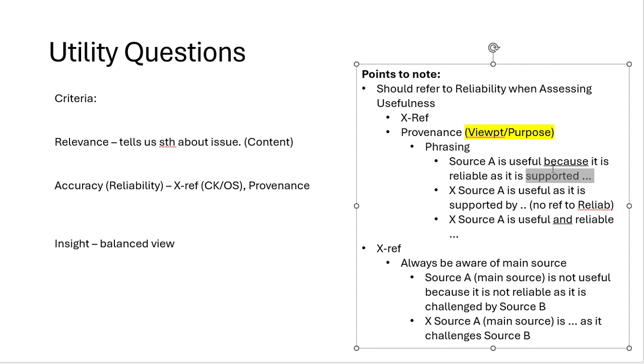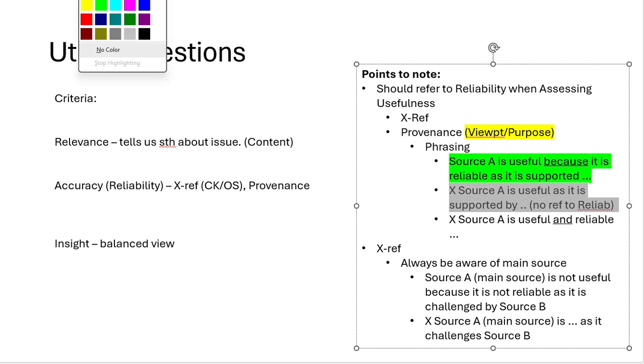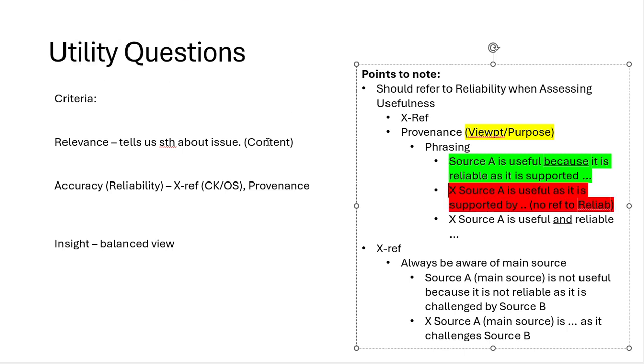This is how you should phrase your assertion when you cross-refer. If you phrase it like this, source A is useful as it is supported by, with no reference to reliability, so you skip the whole part about because it is reliable, this will cause you to drop a level, because you have omitted the idea of reliability.